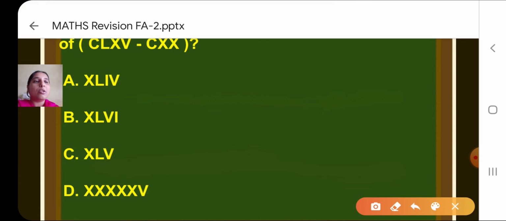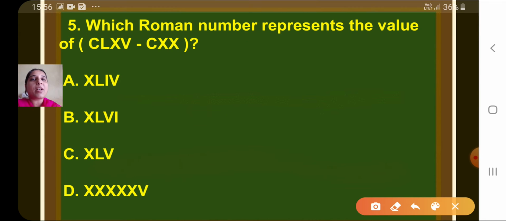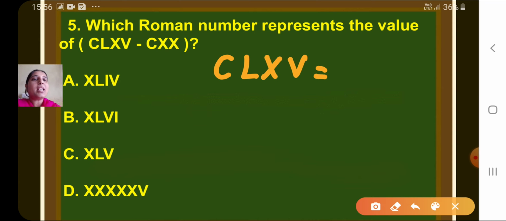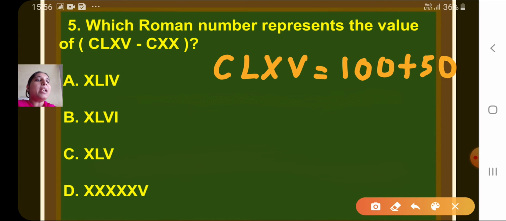So let's do it. So the first number is CLXV. So C means 100 plus L means 50. Then you can see X means 10 and V means 5.